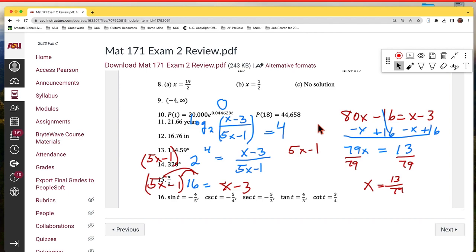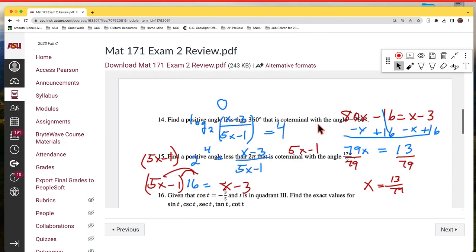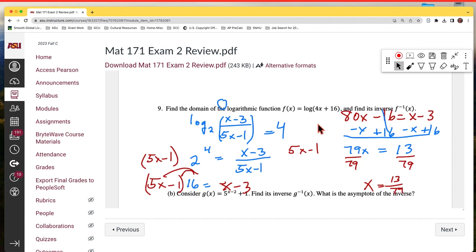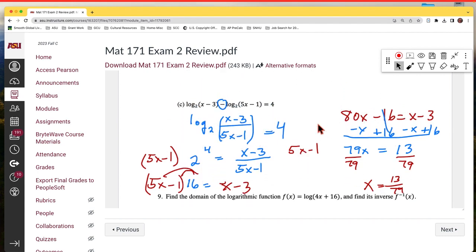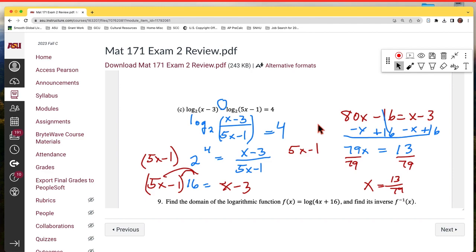Well, we aren't done quite yet, because we've got to see, once we get it. Let's see. 79 divided by 13, no, it doesn't go in there.